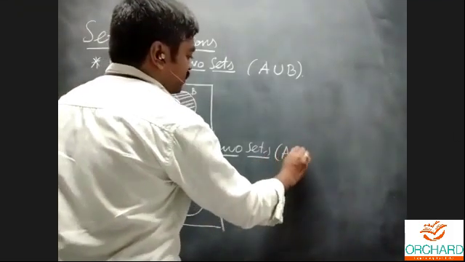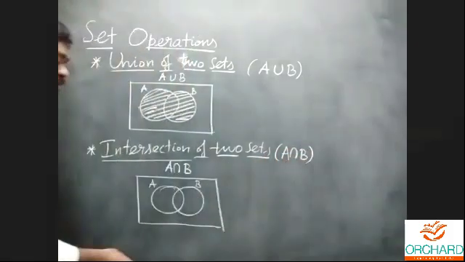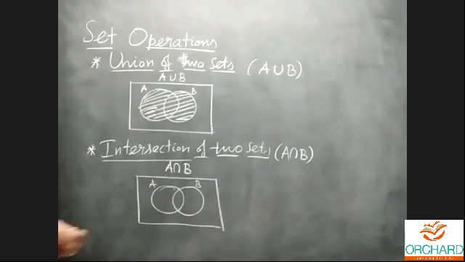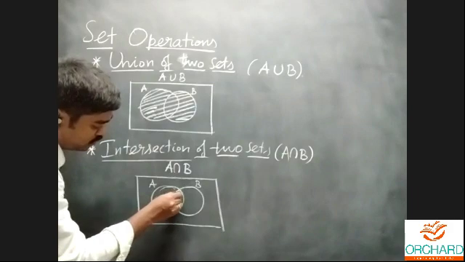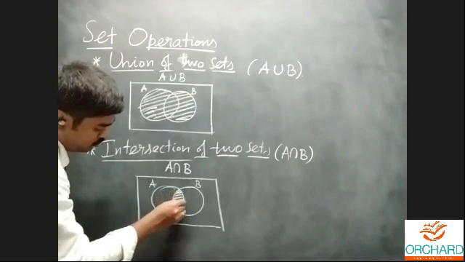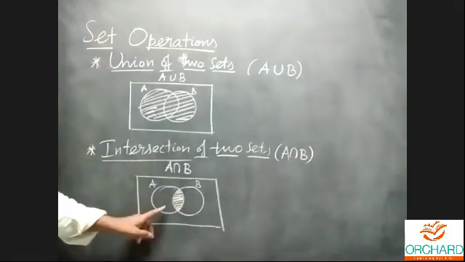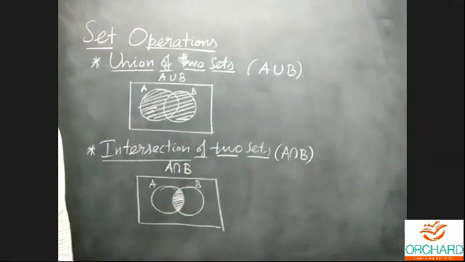A intersection B. Intersection is common. The middle portion only is common for both the sets. This is the common portion between the sets A and B.